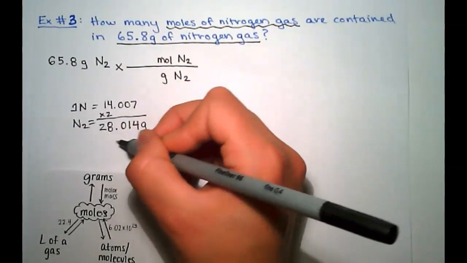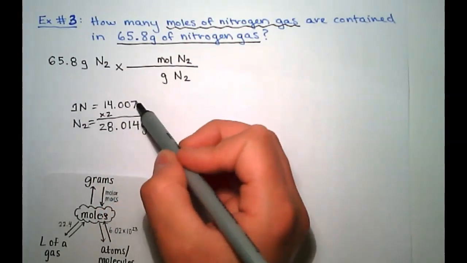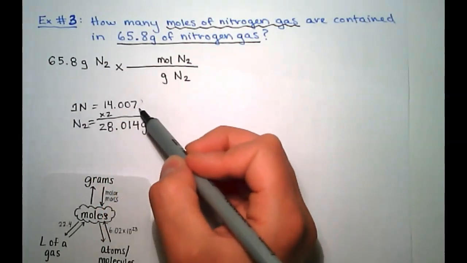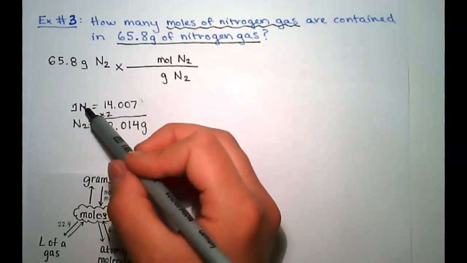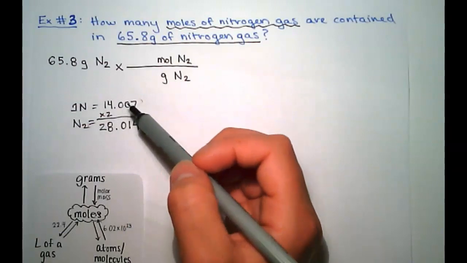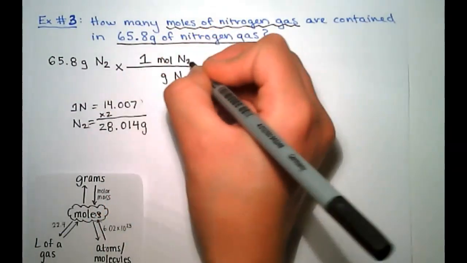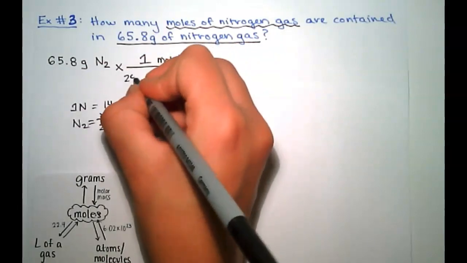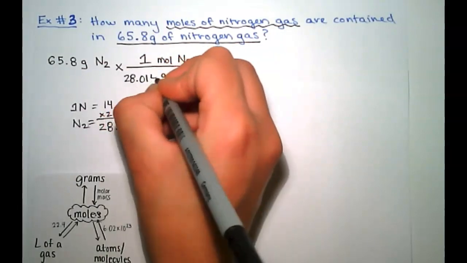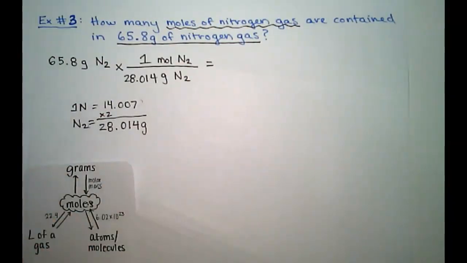So this is the number of grams that equals 1 mole of N2. 14.007 is the number of grams that equals 1 mole of just nitrogen, N. But you never really find just nitrogen. It always comes as a pair. So 1 mole of N2 is equal to 28.014 grams of N2.